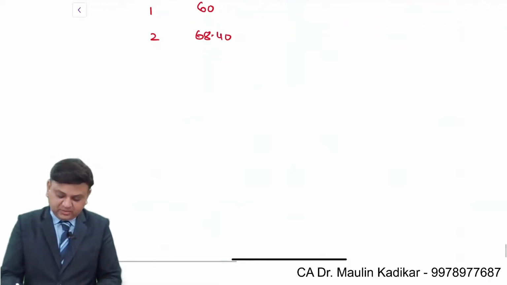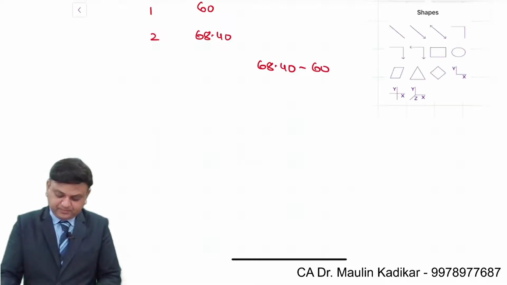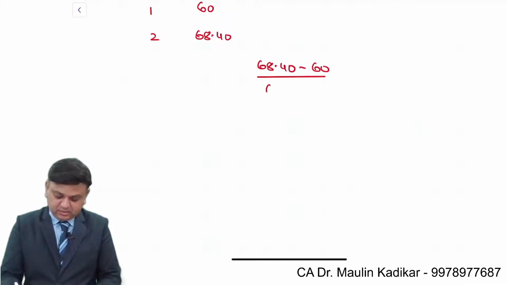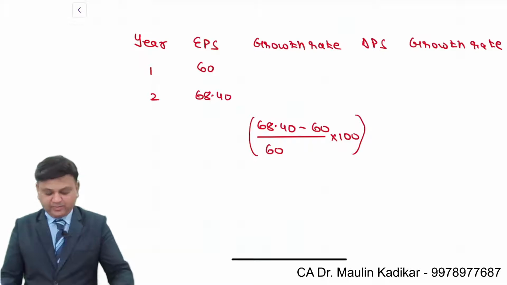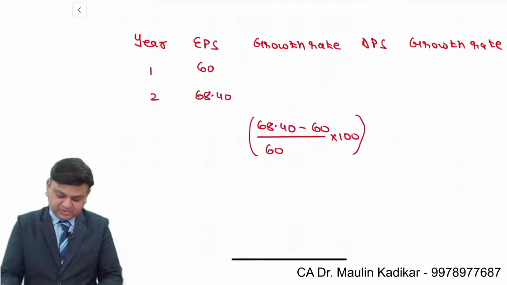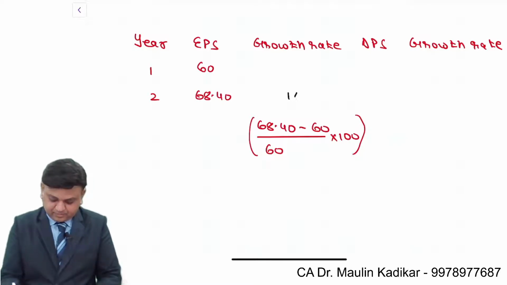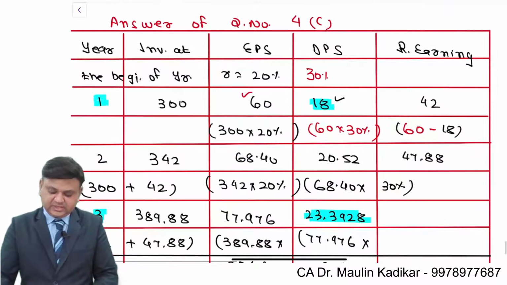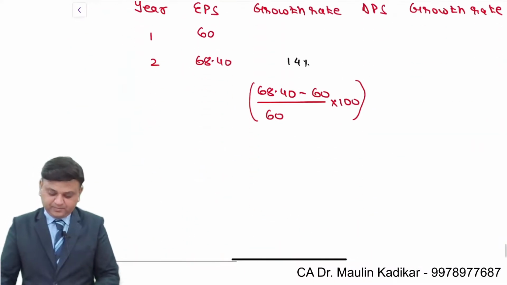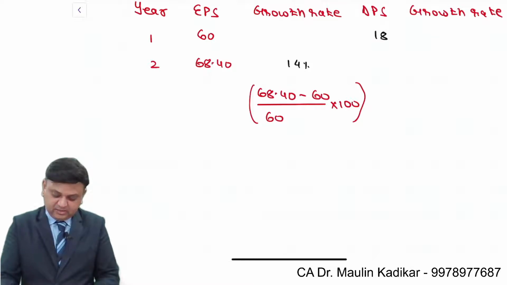So growth rate would be calculated as 68.4 minus 60 divided by 60 into 100. You can check the answer. It is 8.4 upon 60 into 100. That comes to 14%. Similarly for dividend per share, it is 18 and 20.52.